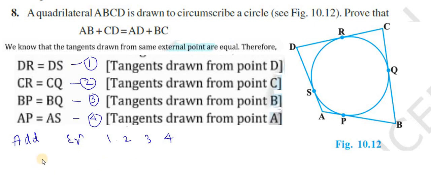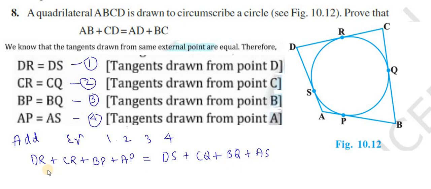If we add all the equations 1, 2, 3, 4, adding LHS separately and RHS separately, we can write DR plus CR plus BP plus AP is equal to DS plus CQ plus BQ plus AS.